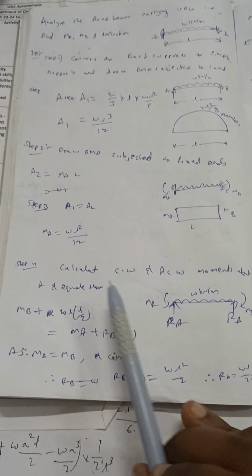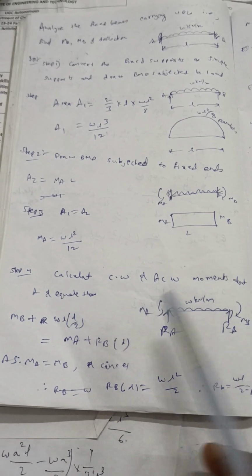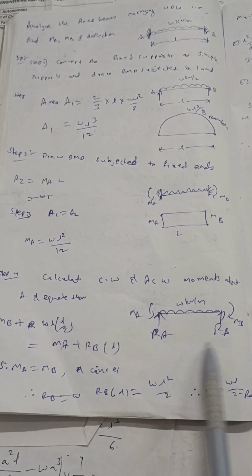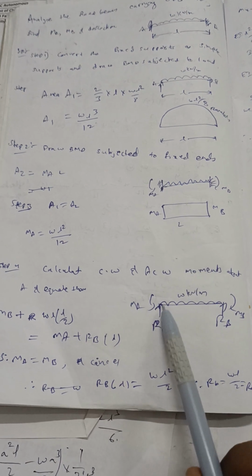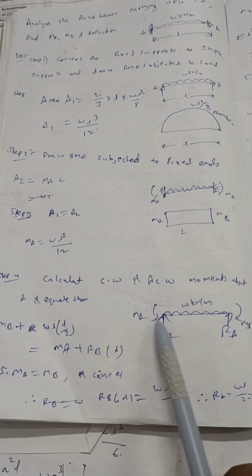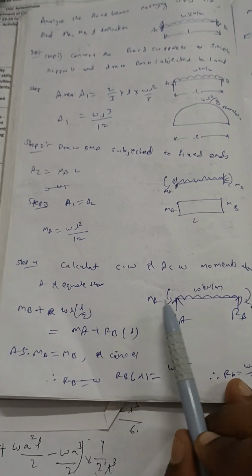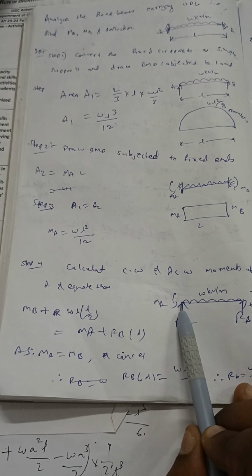Now in step 4, calculate clockwise and anticlockwise moments about A and equate them. So first of all, I have drawn the free body diagram here. I have removed the supports and I have shown the reactions and moments here. No horizontal reaction because no horizontal load. So about A, I am calculating clockwise moments and anticlockwise moments.